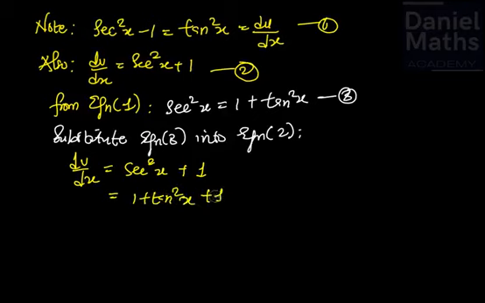So dv over dx can also be written as tan square x plus 2.